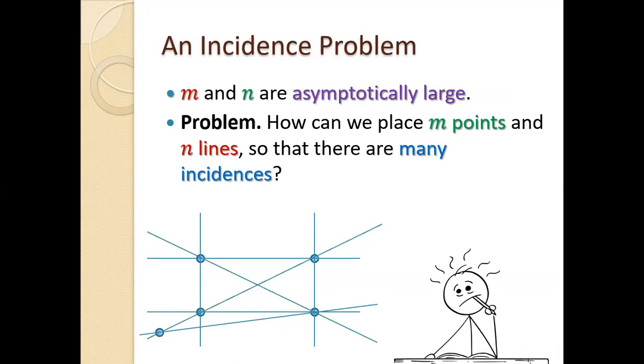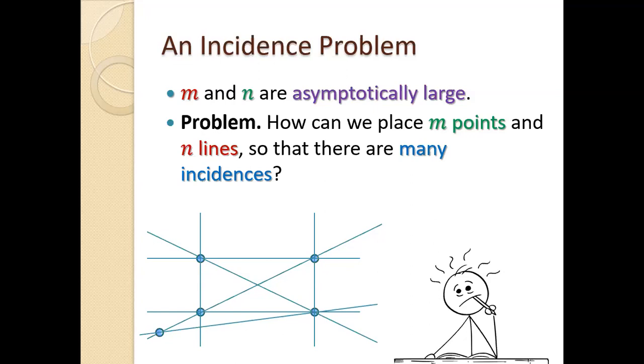So what I'm asking you now, can you guess, suggest ideas, if I need to arrange a lot of points and a lot of lines, and my goal is to have a lot of incidences, what can I try? Let's focus on the point set. How can I arrange a point set of a huge number of points so that maybe I can have a lot of lines with many incidences? Any thoughts, suggestions?